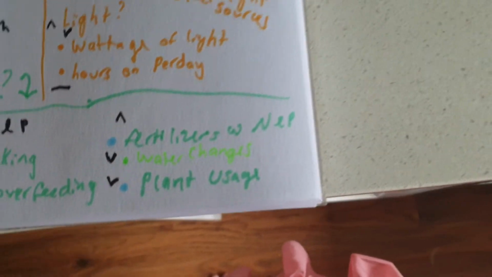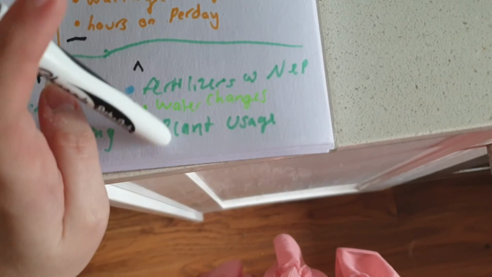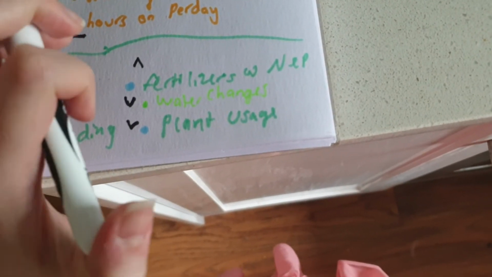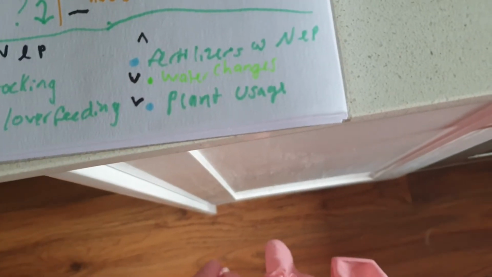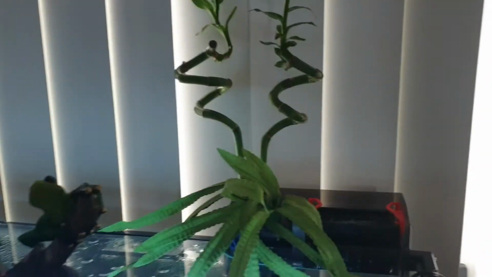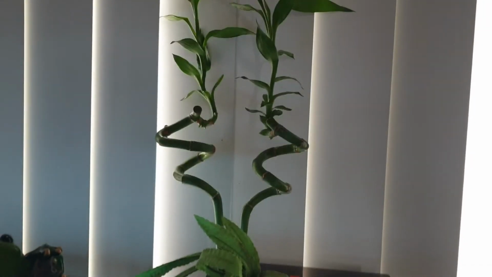You can do more water changes or slightly larger ones, but you don't really want to rely on that. And you can also get plants like I have over here. I've got bamboo in the filter area that will lower nutrient levels in the aquarium. I think there are also other plants you could get. That will be really helpful if you're struggling with the levels.